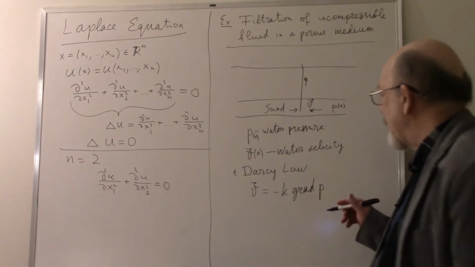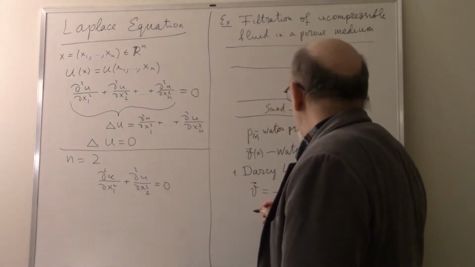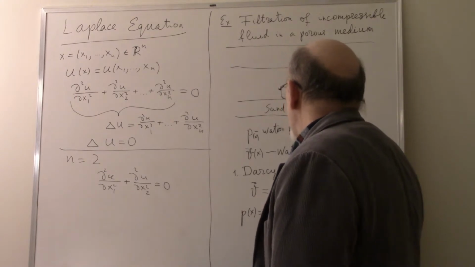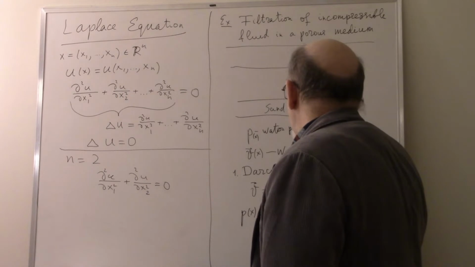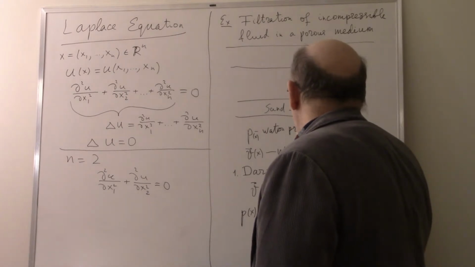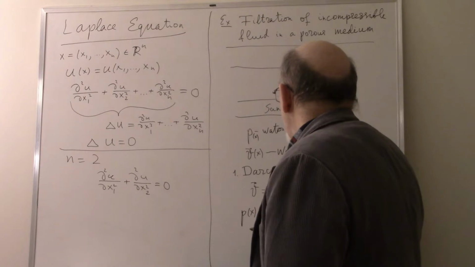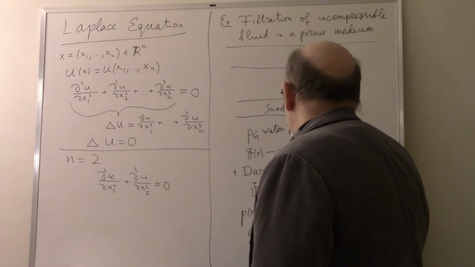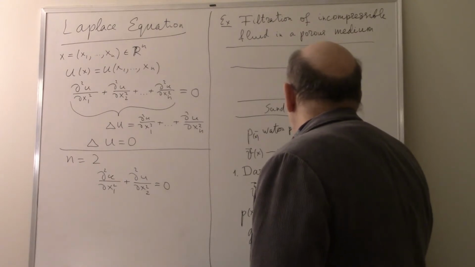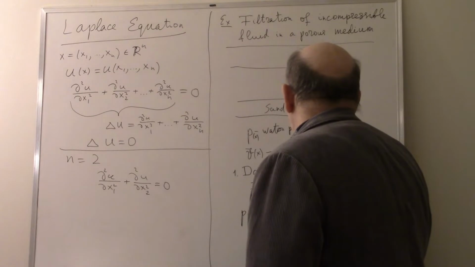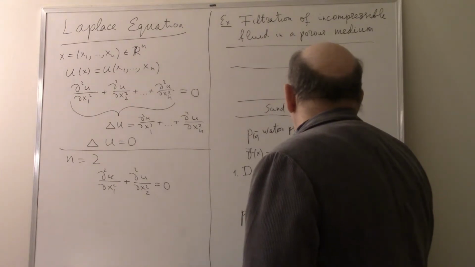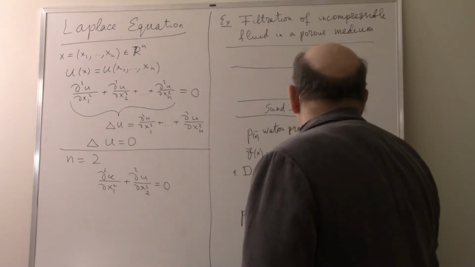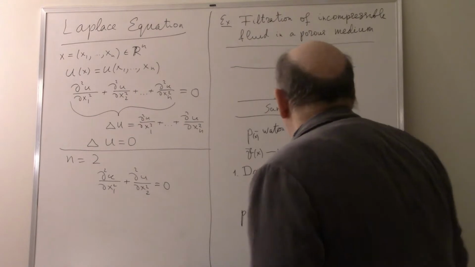Let me remind you what is gradient. If you have a function, say p of x equals p of x1, x2, x3, we are in three-dimensional space, then gradient p of x is a vector dp/dx1, dp/dx2, dp/dx3.